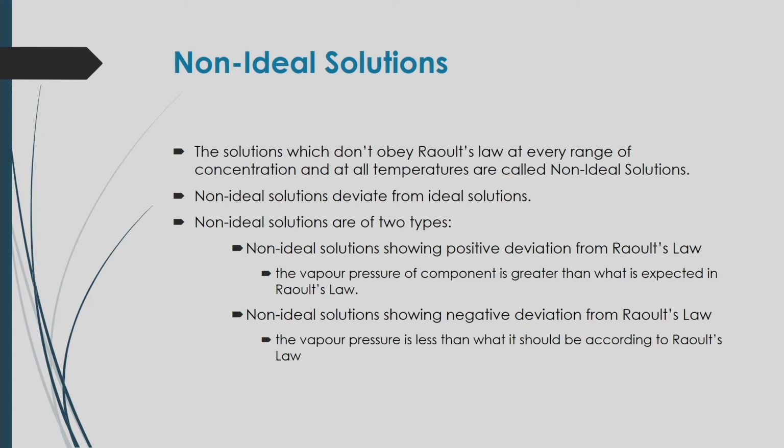Some non-ideal solutions show positive deviation from Raoult's law, and in this case the vapor pressure of the component will be greater than what is expected from Raoult's law, whereas some solutions give negative deviation from Raoult's law, and in that case the vapor pressure will be less than what it should be for that system according to Raoult's law.